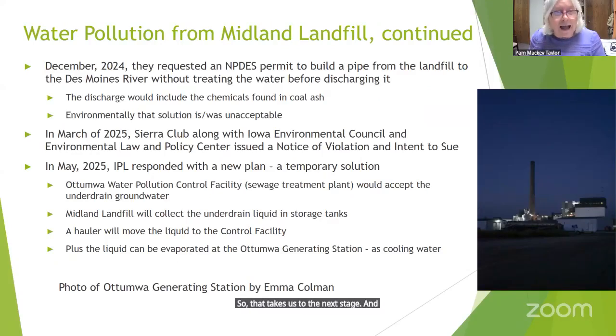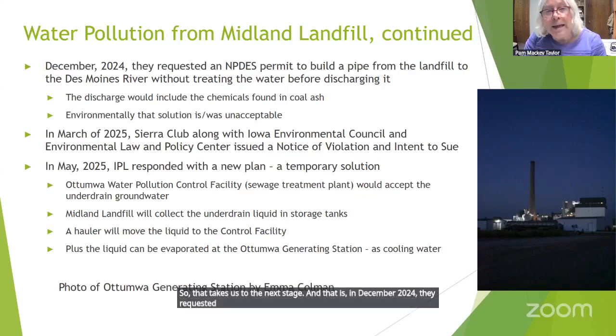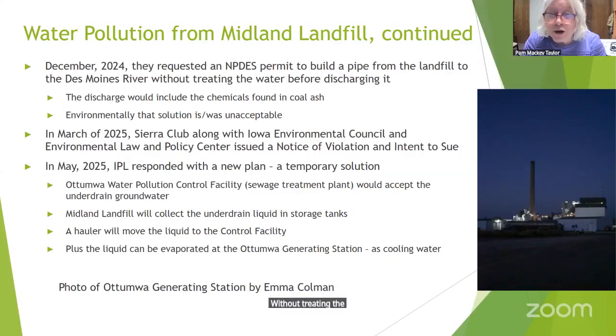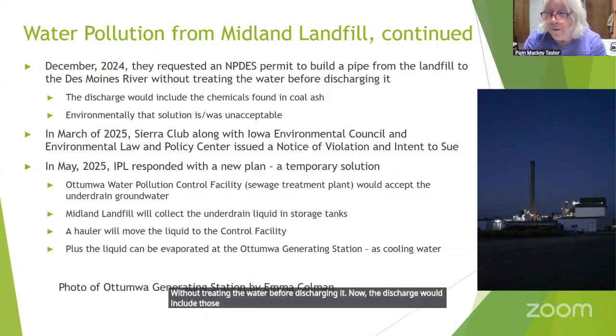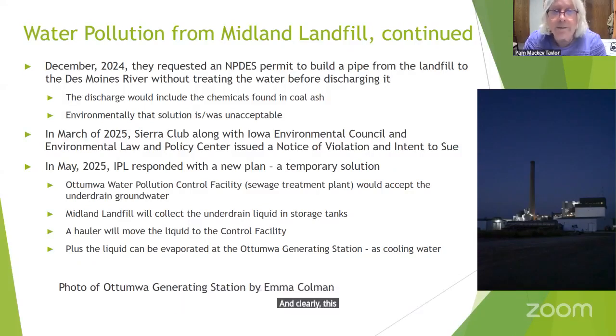And that is in December 2024, they requested an NPDES permit to build a pipe from the landfill to the Des Moines River without treating the water before discharging it. Now, the discharge would include those chemicals that are found in coal ash. And clearly, this is unacceptable.